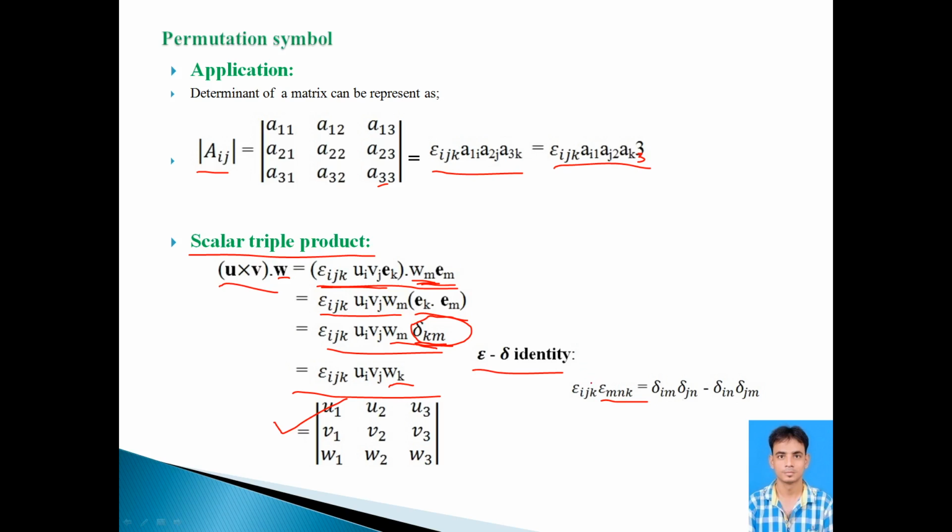It is a transformation from the Levi-Civita symbol to Kronecker delta. So this is an important identity, and you will need this identity in subsequent lectures.